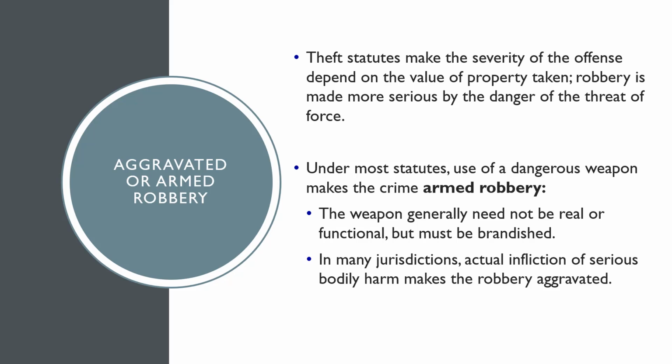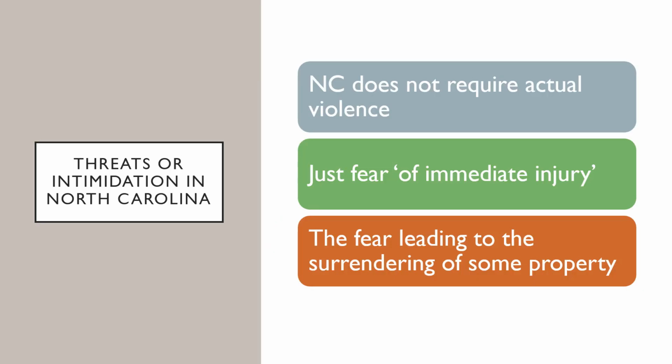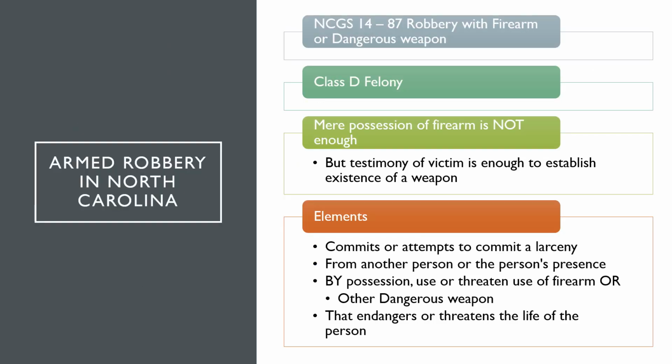And North Carolina, for example, will do a sentencing enhancement of a lot of robberies. It can be robberies, it can be larcenies, where we'll add up to 5 years on your sentence for using a gun.